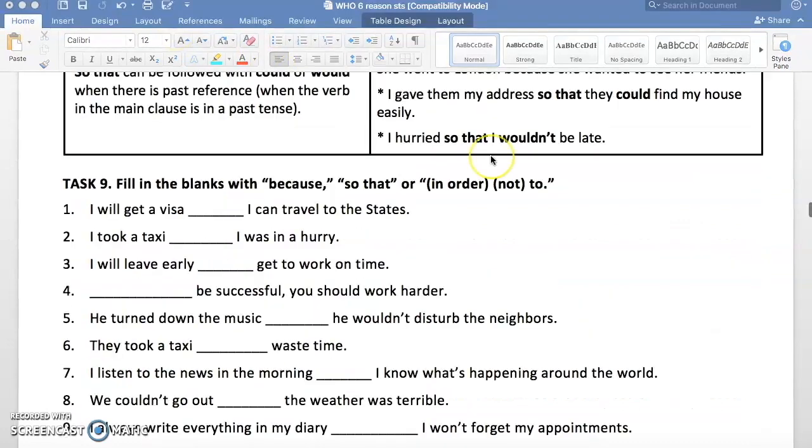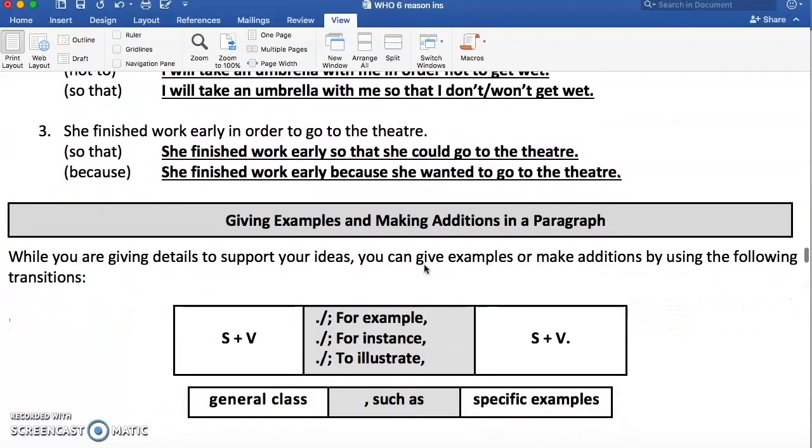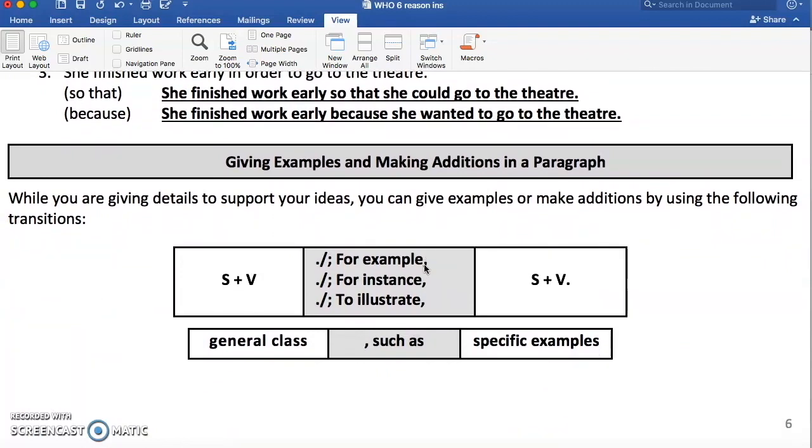Okay. Let's lastly focus on some structures that we can also use in our minors to give examples or to make additions. What are these structures? For example, for instance, and to illustrate, and we use them to link two sentences.